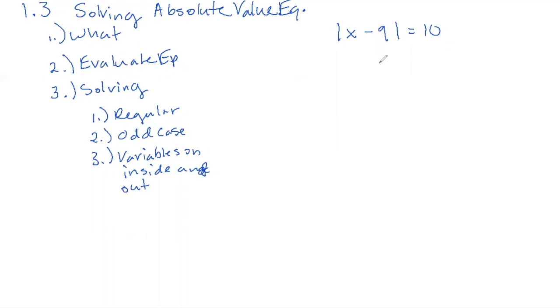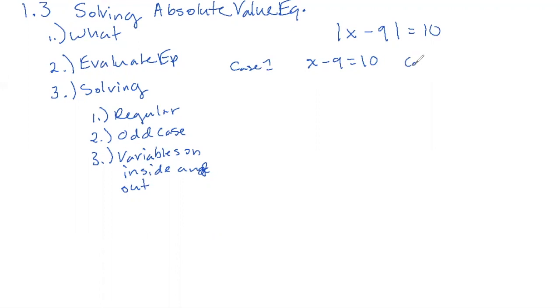But just like in our first problem with the house, we don't know what direction we're going in. We don't know if we're going in a positive direction or in the negative direction. So there are two cases that we need to think about. Case one, we need to think about if x minus 9 is equal to 10 itself, if we're going in a positive direction.